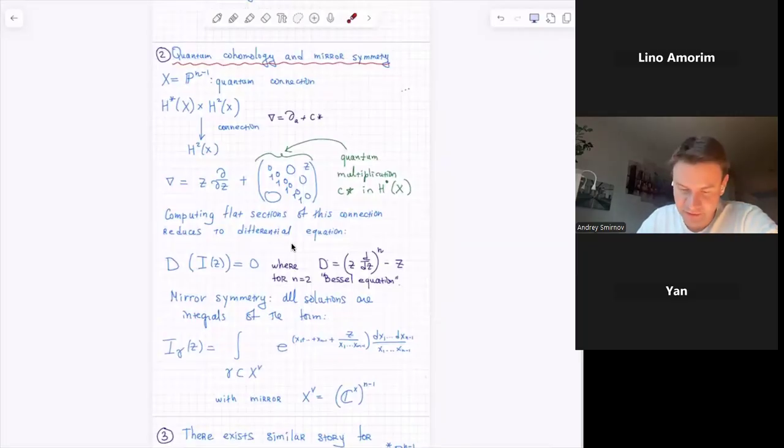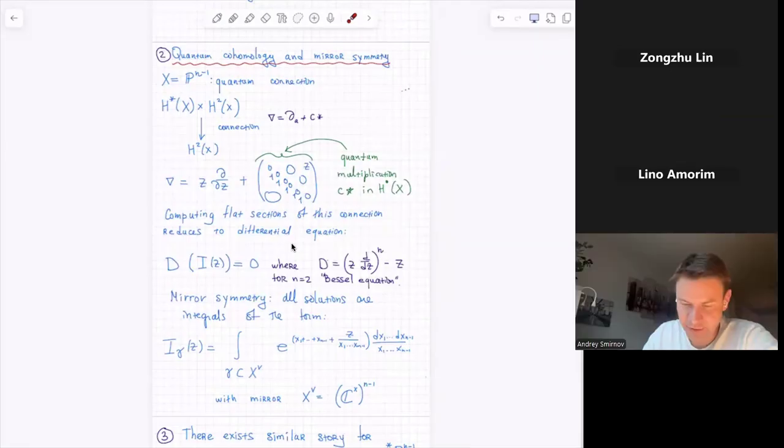So if you consider a variety, projective space, and consider its quantum cohomology, so quantum cohomology is a connection on second cohomology of X, which in this case is just C, maybe with this coordinate, which I denote by Z. And it's a connection in the trivial vector bundle with a fiber given by the whole cohomology.